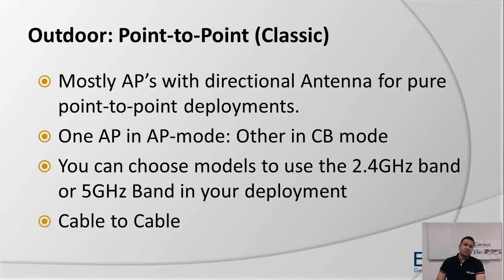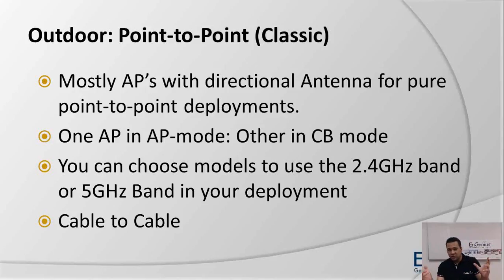The second classic deployment is outdoor. For outdoor it is the point-to-point mode, and mostly access points with directional antennas are used for pure point-to-point deployments. One access point should be in access point mode, and the other access point should be in client bridge mode.